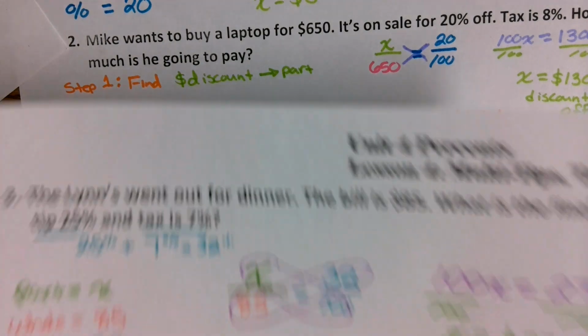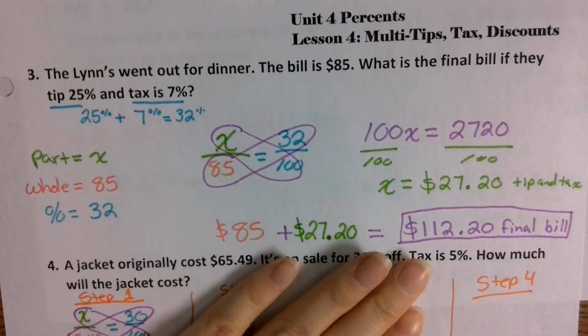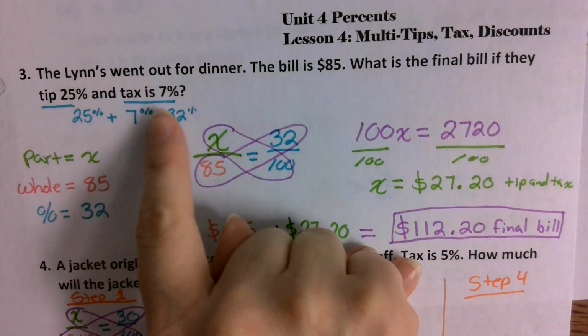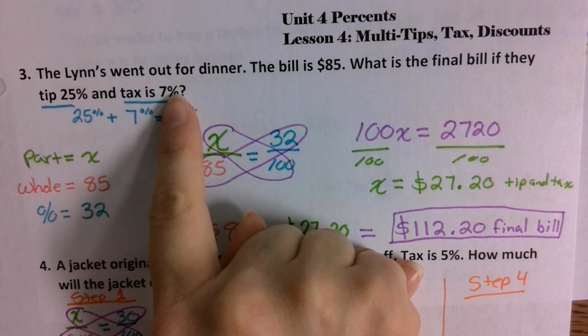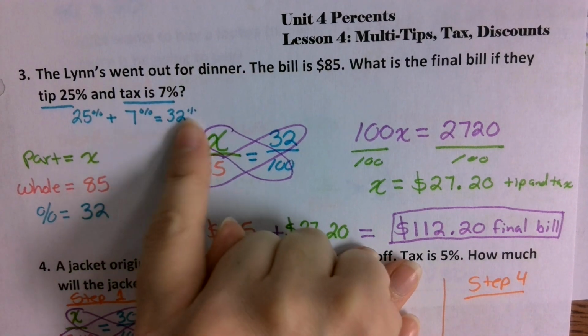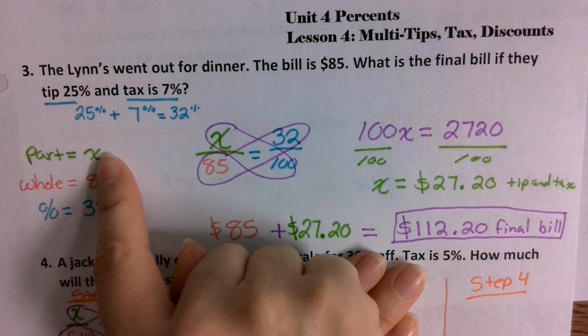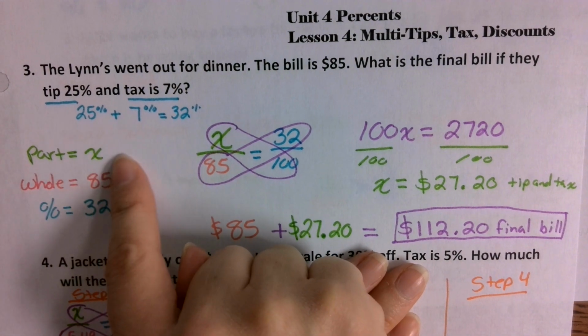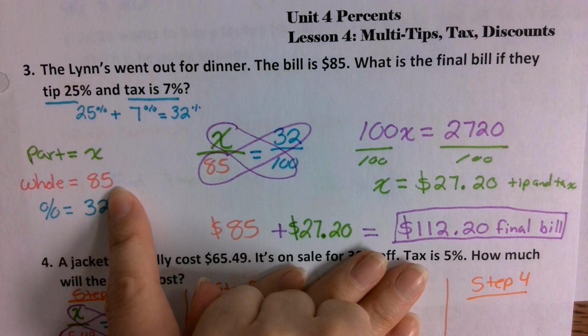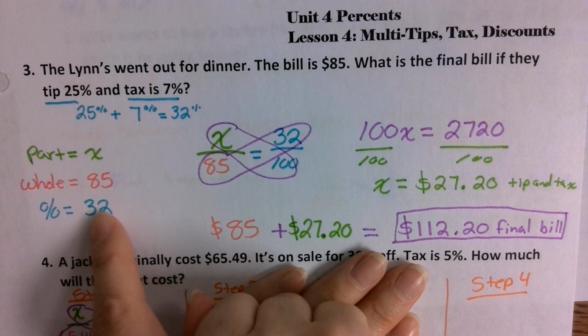Okay, for problem number 3. For number 3, this was a tip and a tax problem. 25% tip, 7% for tax. That means you add them together to get 32%. You'd set up your proportion where X is the missing portion. You don't know what the tip and the tax is. You do know that the cost of the dinner is $85. You do know the percent is 32.